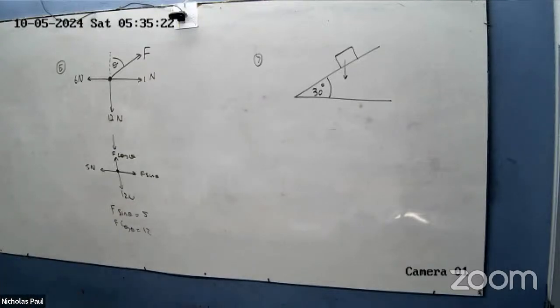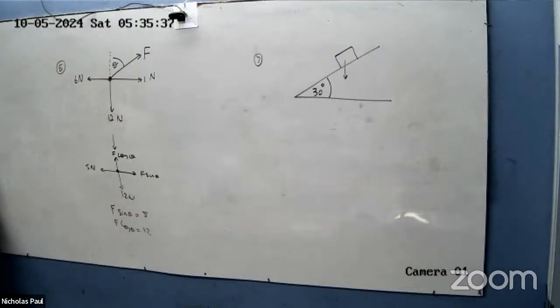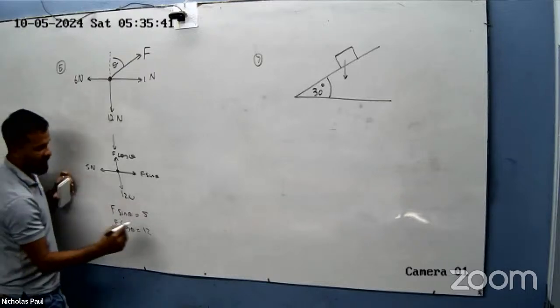What do you get that? I don't know. F is equal to 4. Alright, so let's see what you get here.